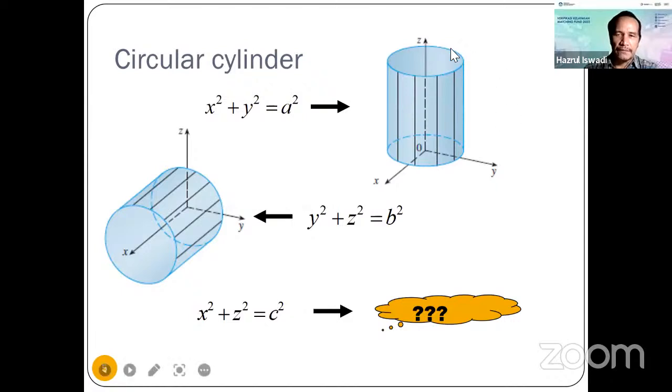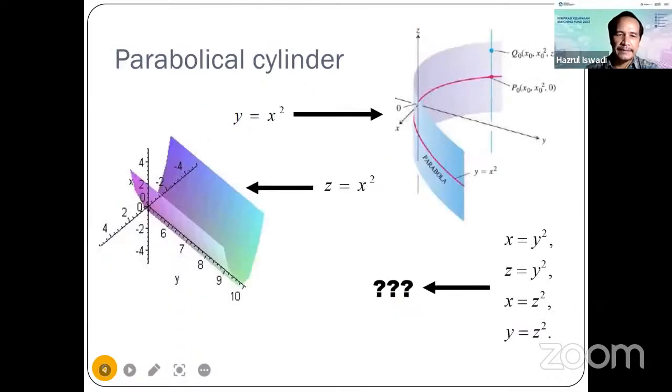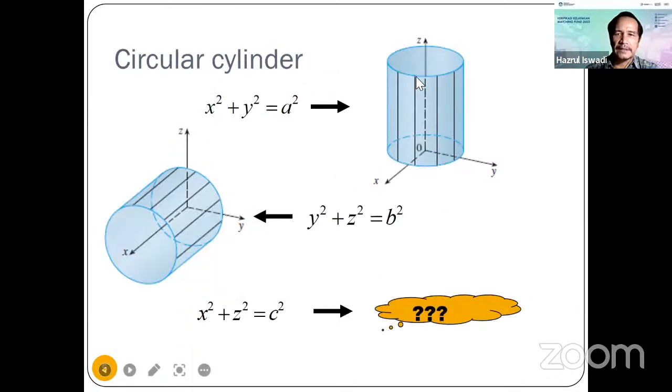We find that a circular cylinder has a generating curve that is a circle in the xy plane, and the line is the z axis.